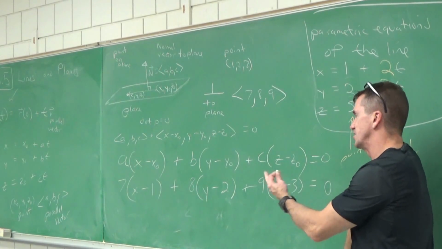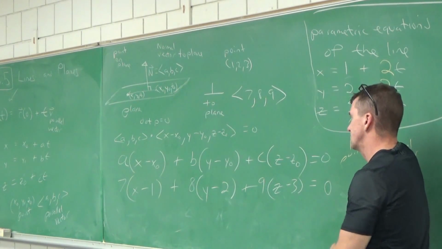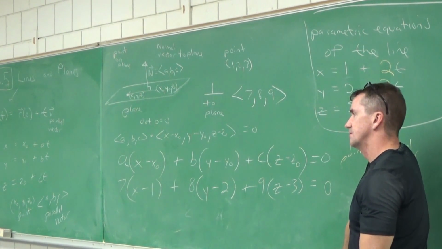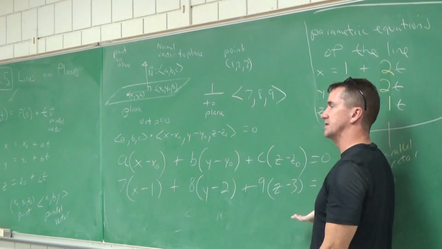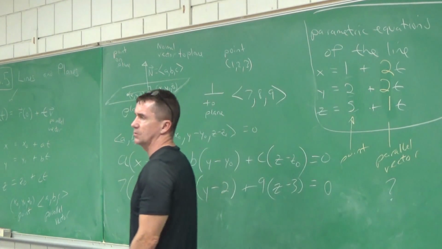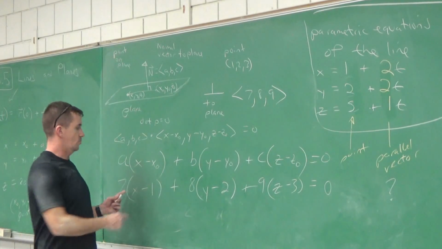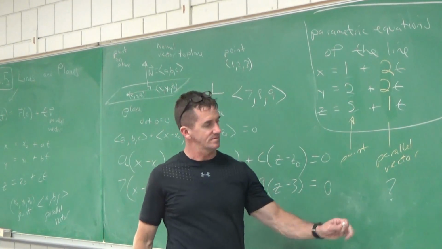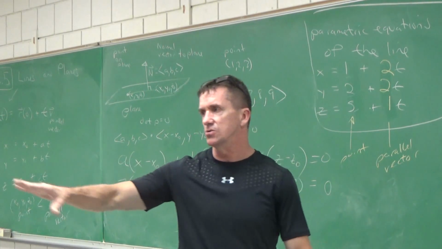Now a lot of you might want to distribute that, and I think we should. Sound good? But can I leave an answer like this? Someone asked me to find the equation of a plane. Of course you can. That's my equation of the plane. But students do like to simplify it.